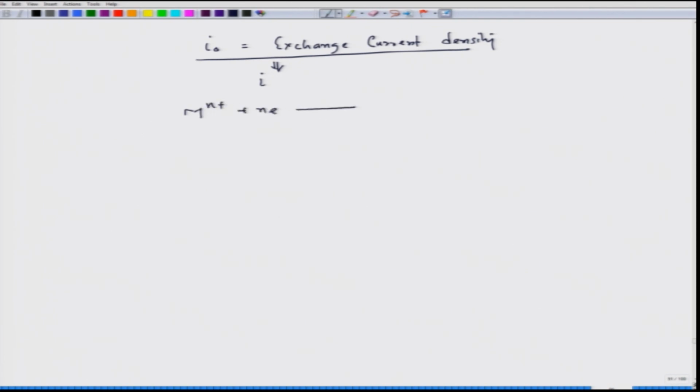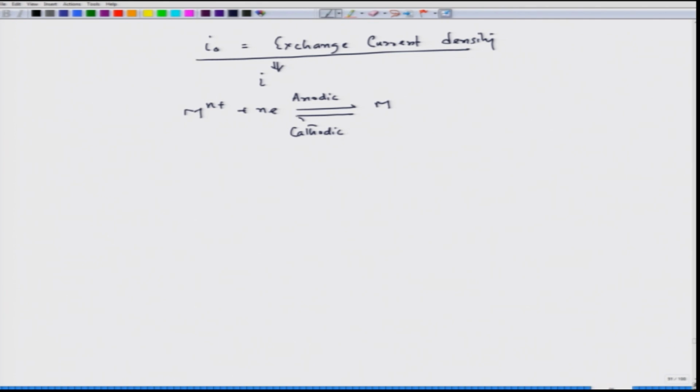We have already started mentioning this particular term I0, which is nothing but exchange current density, and this has a relation with I. Now, if I look at this particular reaction, and if it reaches equilibrium, before it reaches equilibrium, this is anodic, this is cathodic.